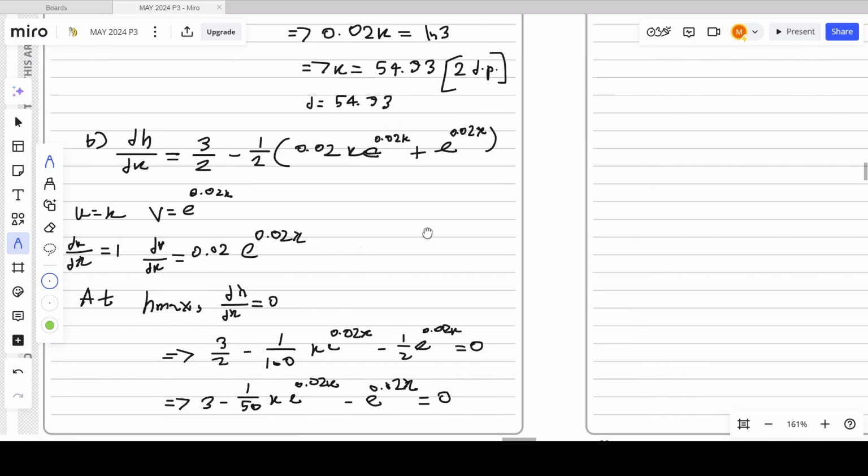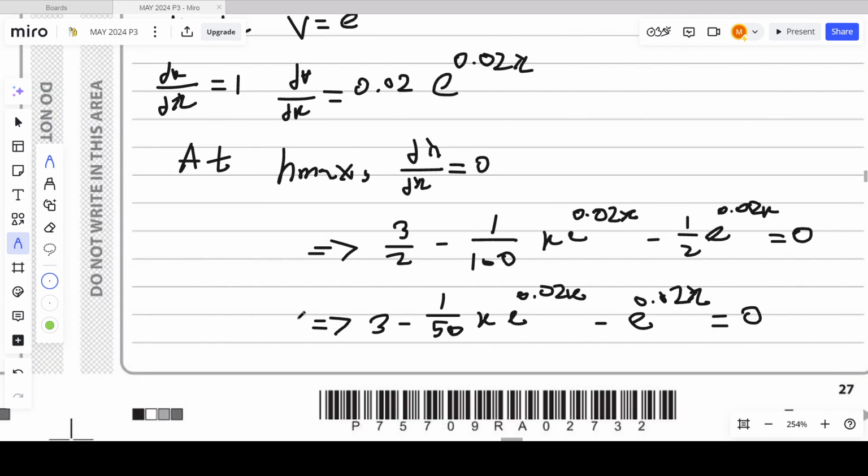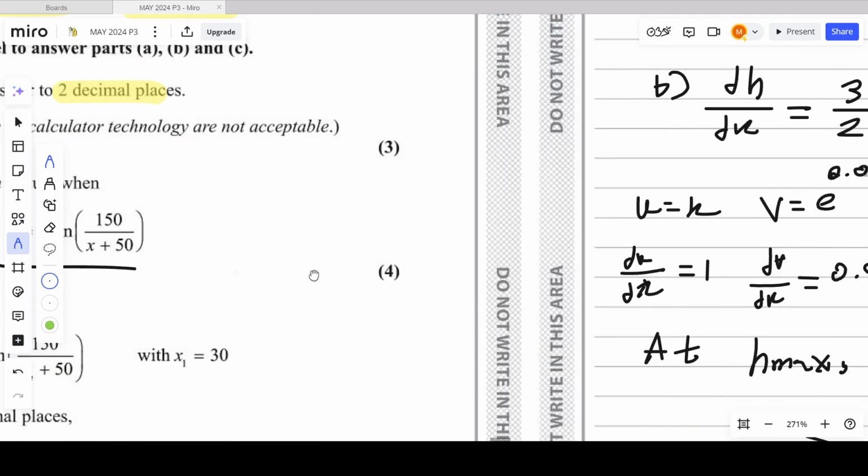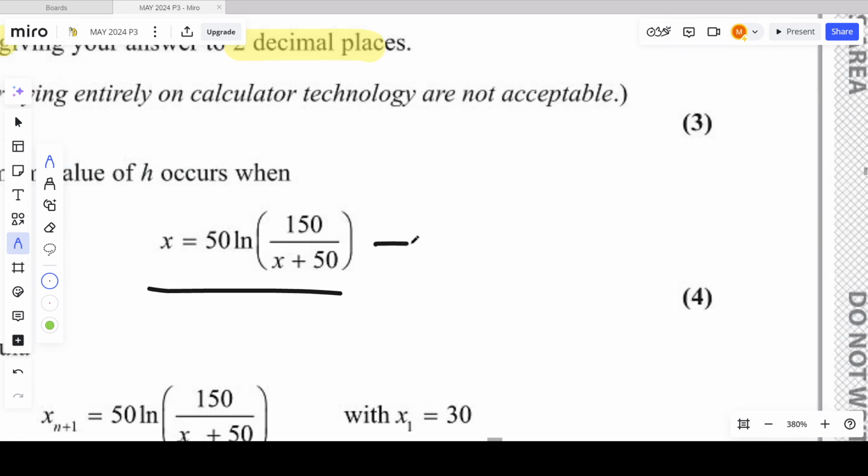Look. Now in this part you might get confused about what we need to do next. So let's have a look at it. It is x equals 50 ln something, right? So look, if you take this 50 to the left, it will become 1 over 50 x equals ln something.